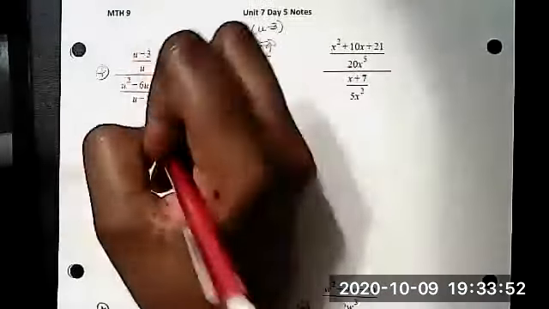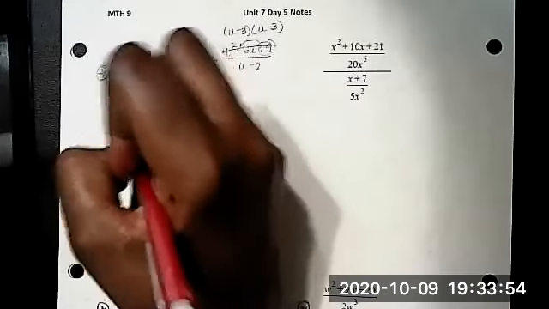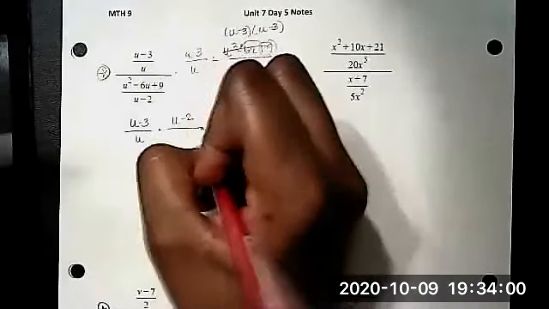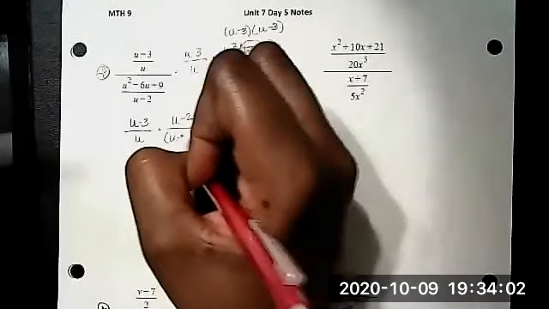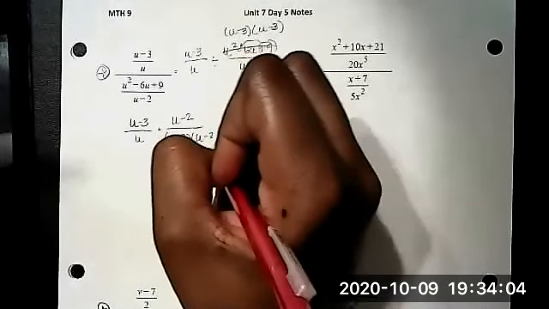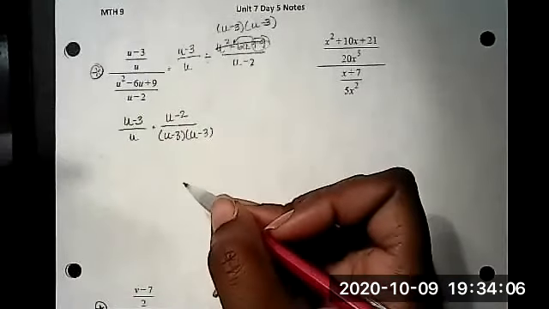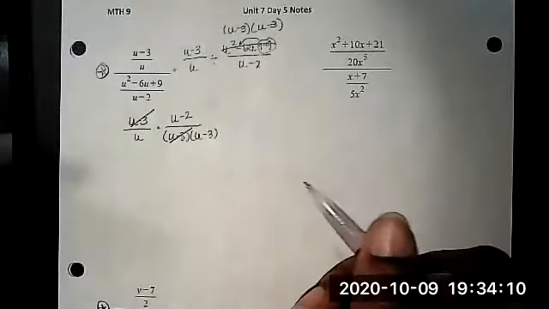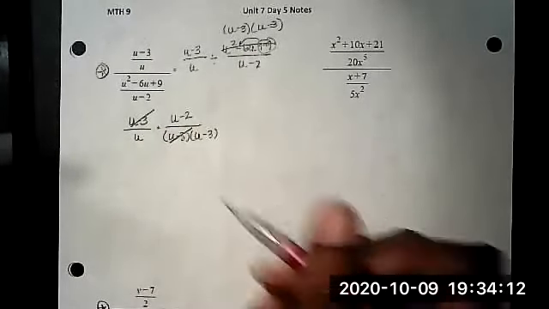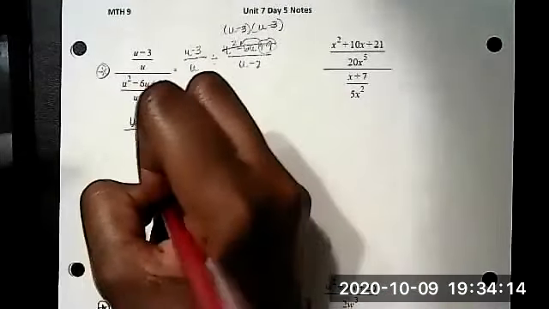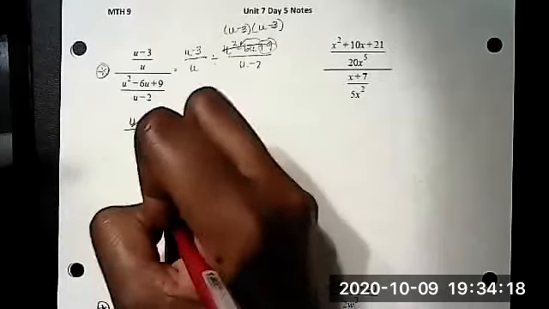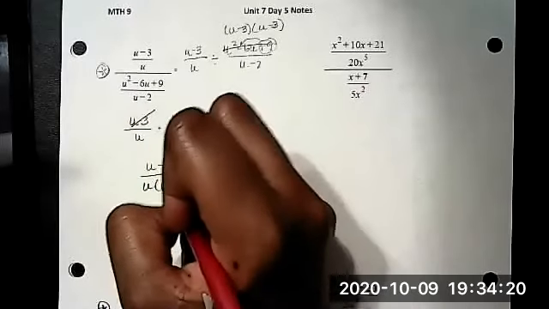When I flip it, I'll have u minus 3 over u, that stays the same, times u minus 2 at the top here and that u minus 3 at the bottom. What cancels out is the u minus 3. So what will be left over is u minus 2 over u times u minus 3.